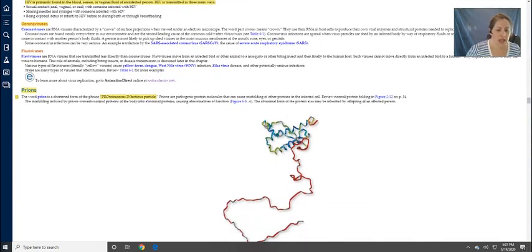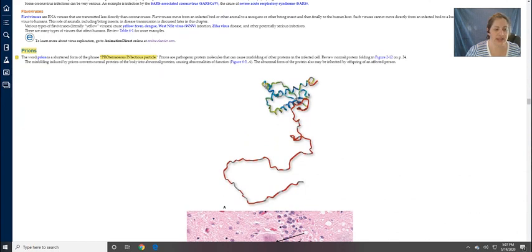Okay. The next category of diseases is called a prion. Prion is actually an abbreviation of these three words. The PRO comes from proteinaceous, I just think of protein, infectious particle. So it's a protein particle.